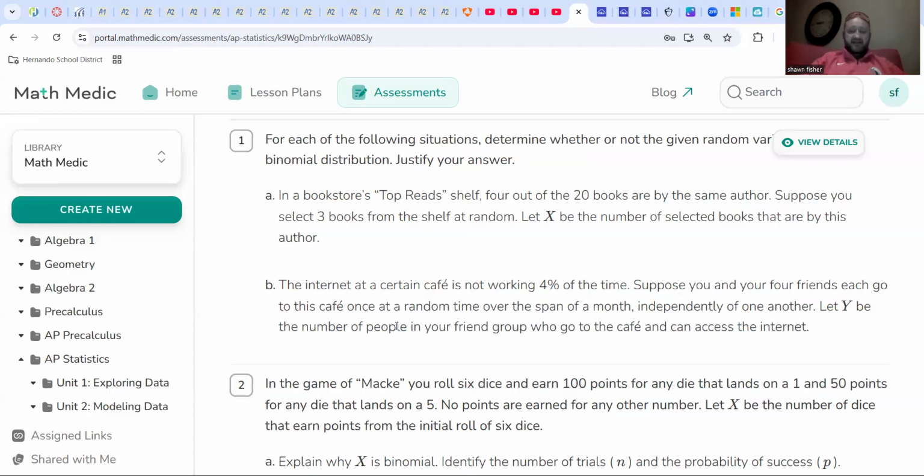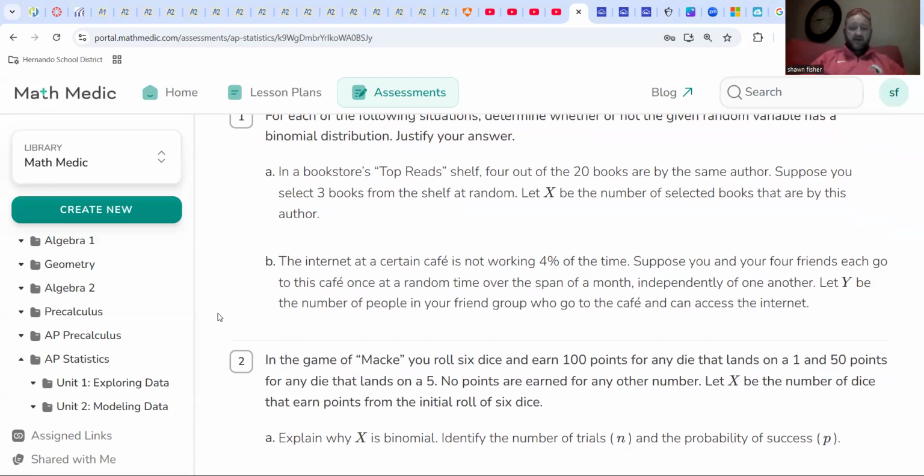We're just saying if the situation's binomial or not. And is the probability constant over that time period? It looks to me like it would be. So part B follows the suit of a binomial distribution.